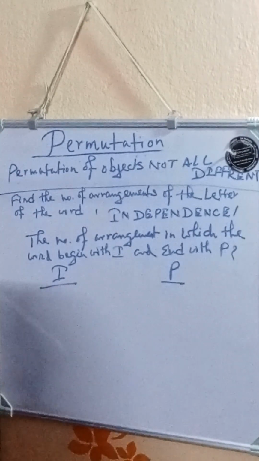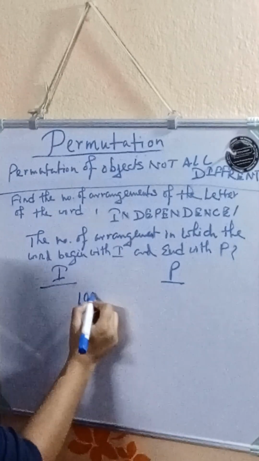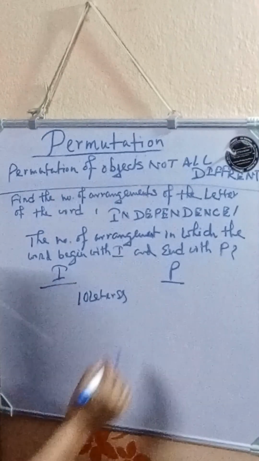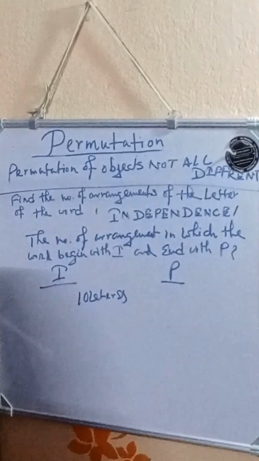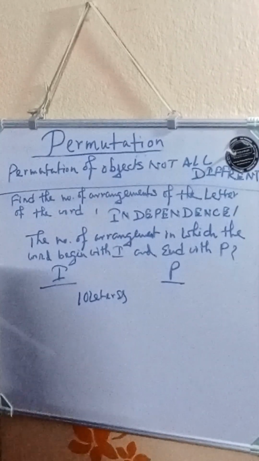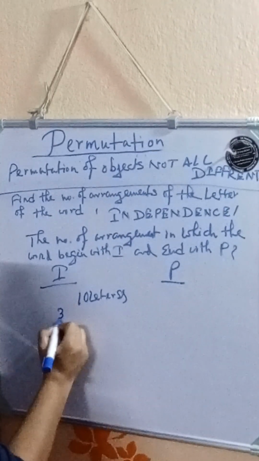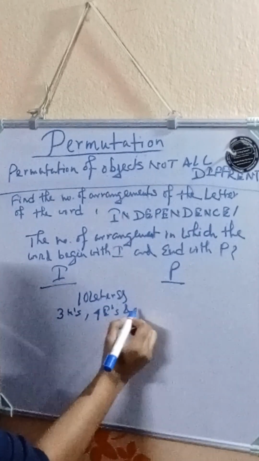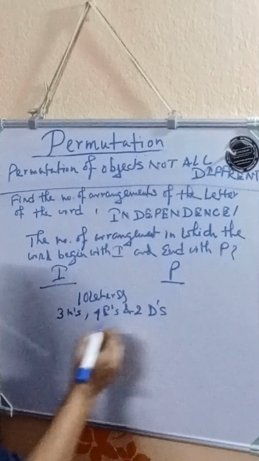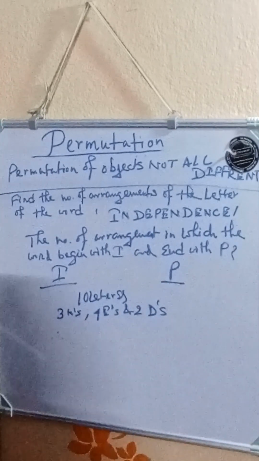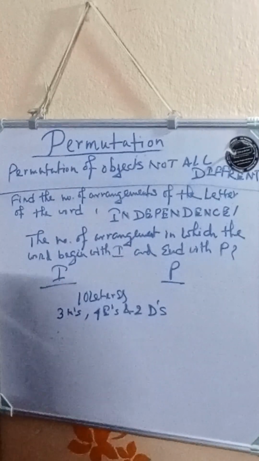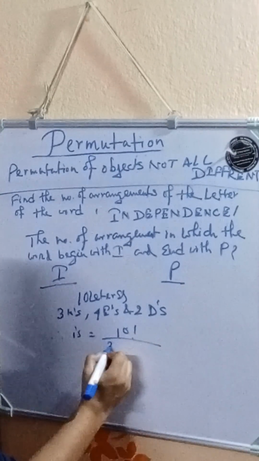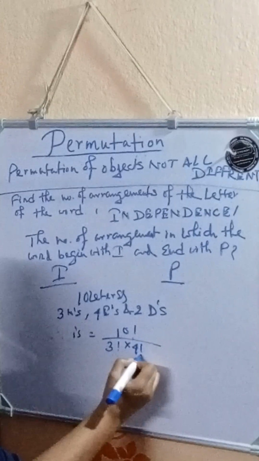Then we are left with 10 letters, in which 3 N's, 4 E's and 2 D's occur. Therefore, the total number of arrangements in which words begin with I and end with P is factorial 10 divided by factorial 3 into factorial 4 into factorial 2.